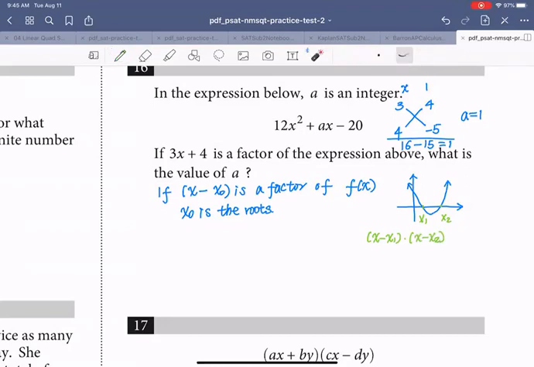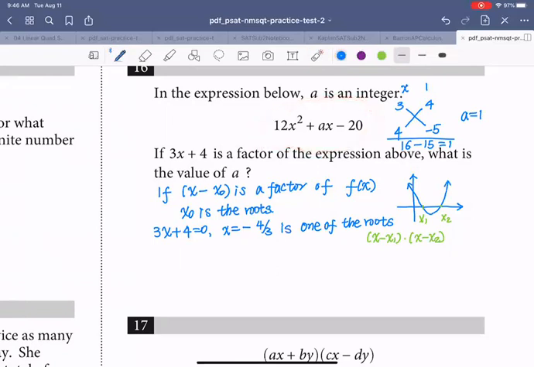So that means if 3x plus 4 is a factor, then 3x plus 4 equals 0, x equals -4 over 3. This is one of the roots. If this is one of the roots, you can plug x equals -4 over 3 into this expression.